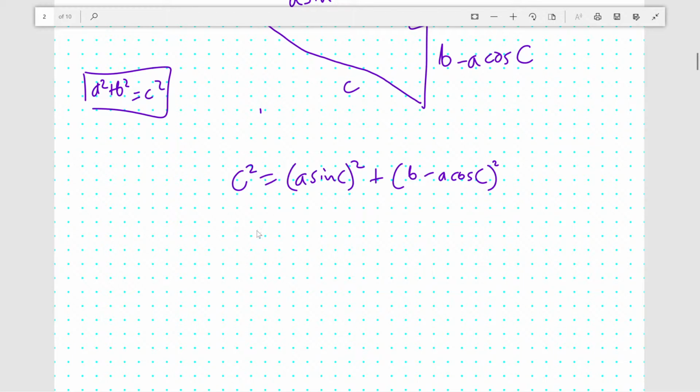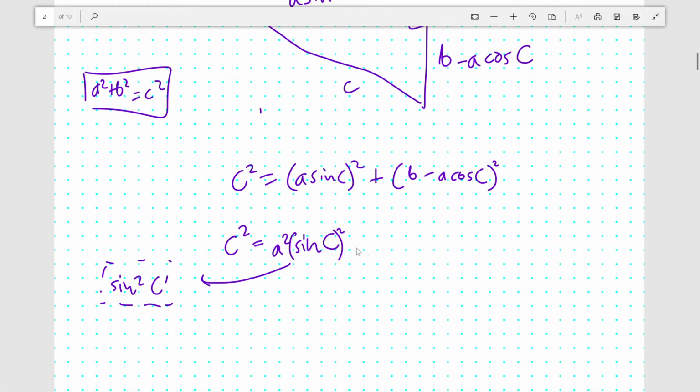You'll find that if we expand and apply the powers in all the brackets, we get c squared is a squared sine squared C, or some mathematicians will have you write it as sine squared C. This is actually a very useful notation that you might hear more about later when I talk about solving equations with trigonometric functions. But yeah, sine C in brackets squared is equivalent to sine squared C. Remember that. It's quite useful to know.